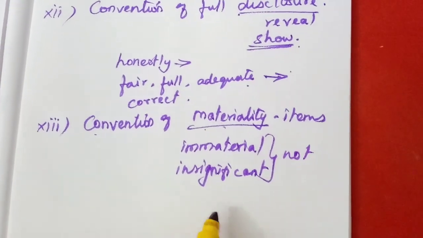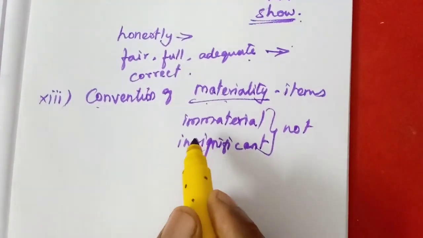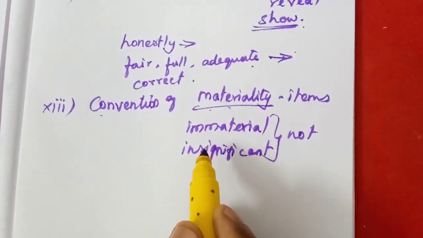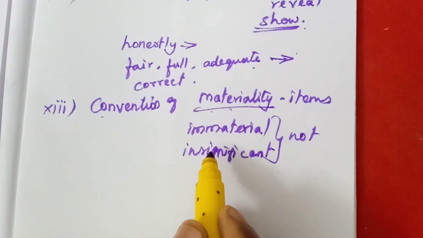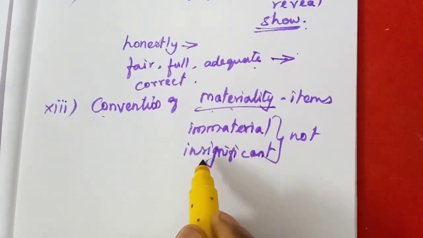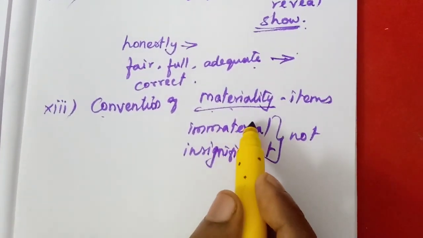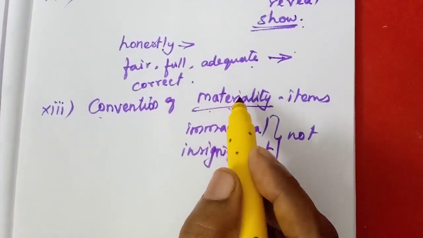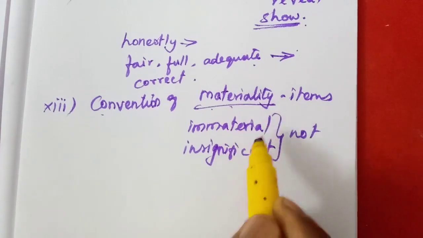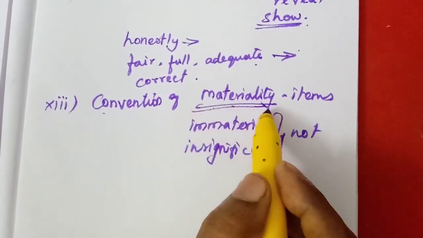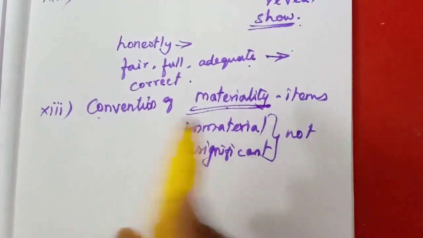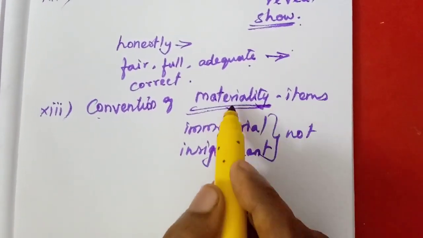So, for example, they purchased one small dustbin. Can they show that in the books of accounts? No, that is not material, isn't it? But one shop is buying and selling that dustbin. So there they must show how much they have purchased, how many they have purchased. So for one organization, one item will be material.